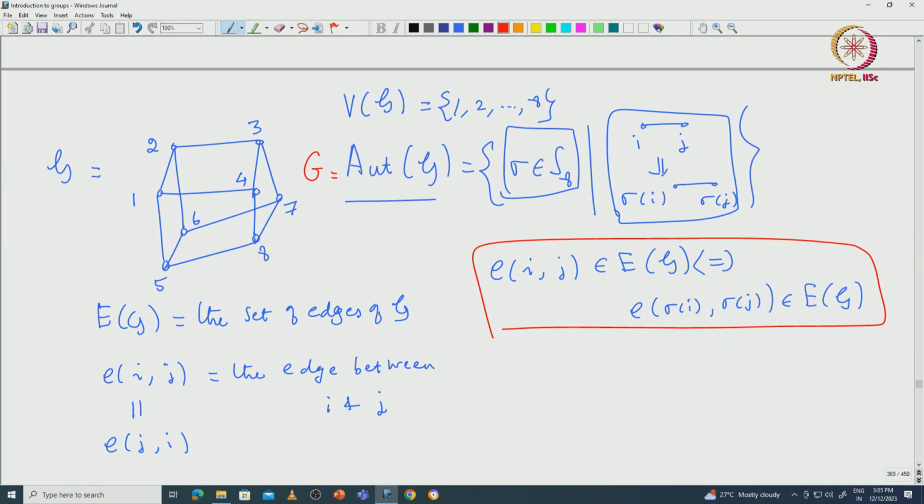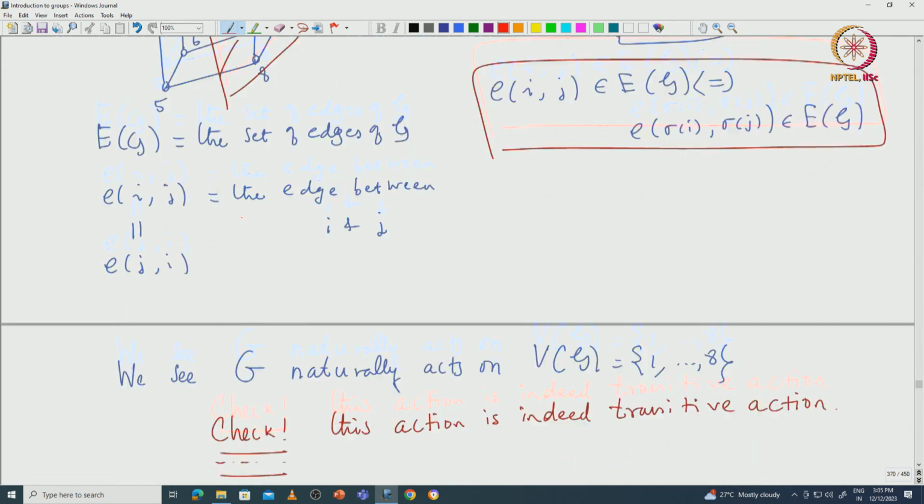For example, you can take a plane that cuts this square in this cube into half. Take this plane, for example, that passes through. It is cutting 1, 2 and 3, 4 into half. So, if you reflect with respect to this plane, you will get one such automorphism.